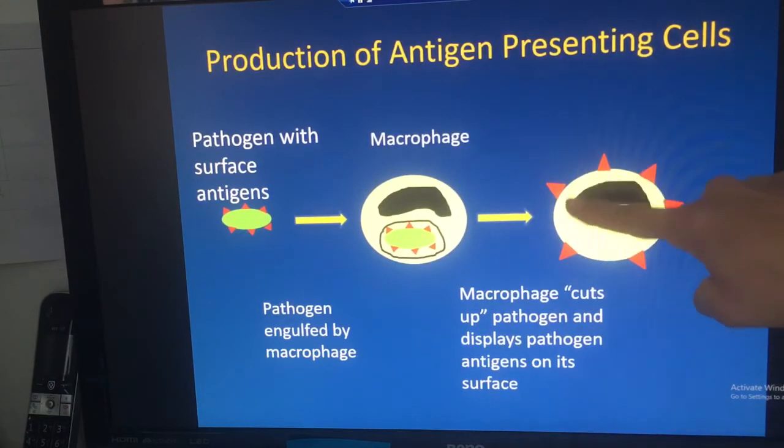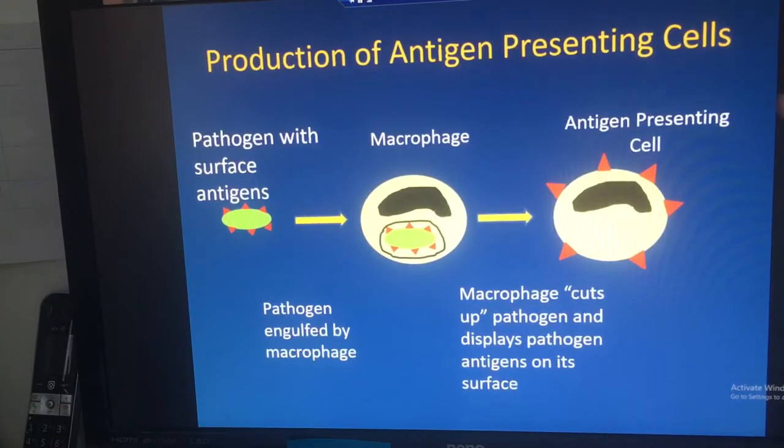So this is our macrophage white blood cell, but it has bacterial or pathogenic antigens on its surface. And the macrophage is now described as an antigen presenting cell. And we will look tomorrow at what these antigens are presented to and what further immune response will take place.